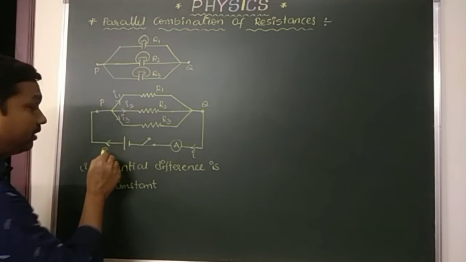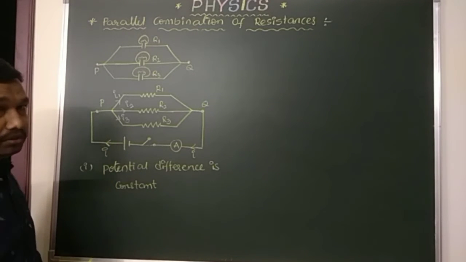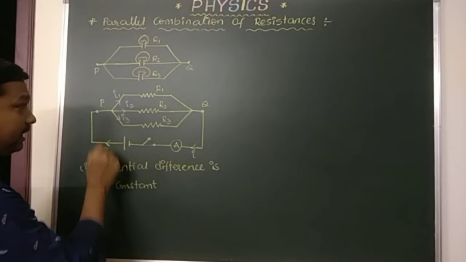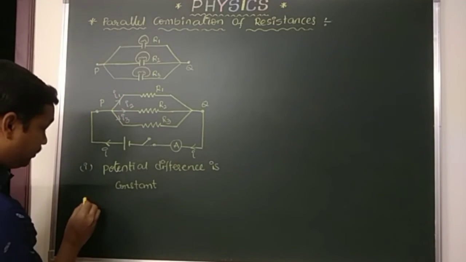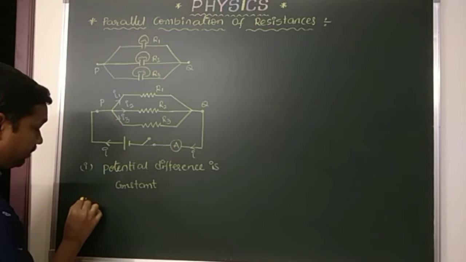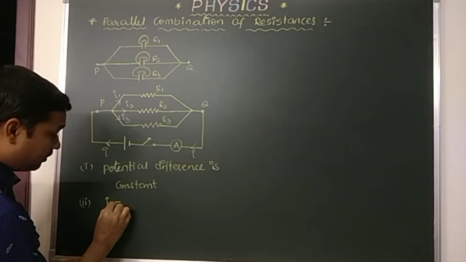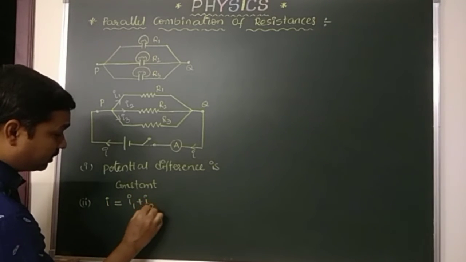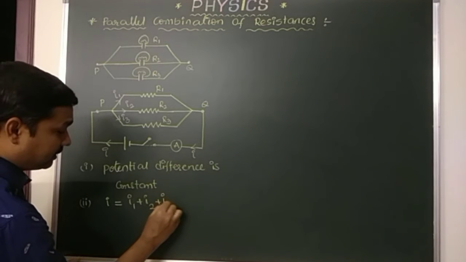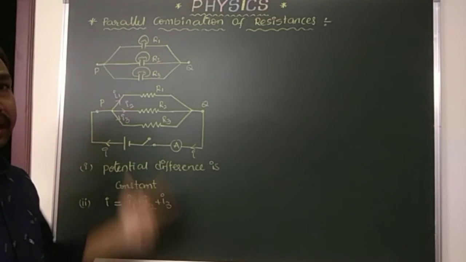According to Kirchhoff's laws, you can identify a junction rule: I is equal to I1 plus I2 plus I3. The current coming in, I, is equal to the sum of the currents passing through resistances R1, R2 and R3.